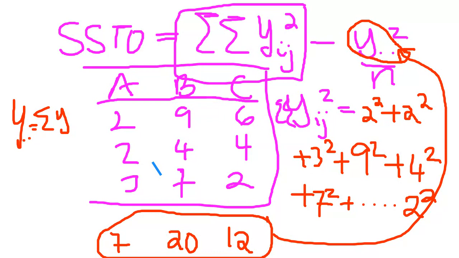That squared, right? So that's how you find the double summation of Yij for the problem which is not balanced. Do you agree? Yes, sir. Thank you. It's no different. You add what is there. It's not going to affect the formula.